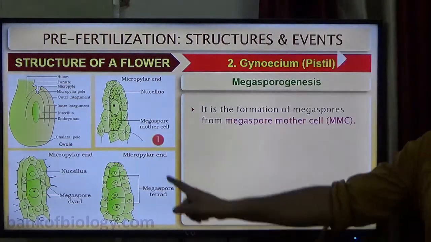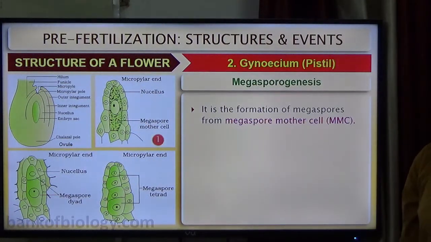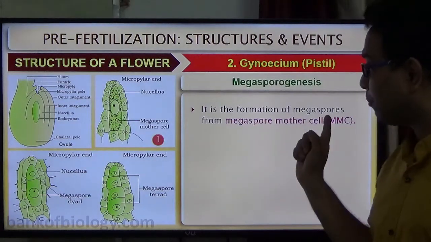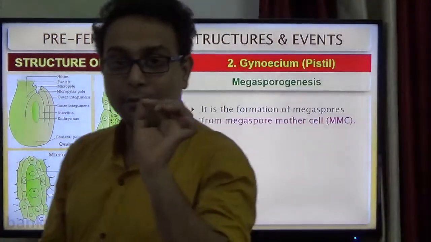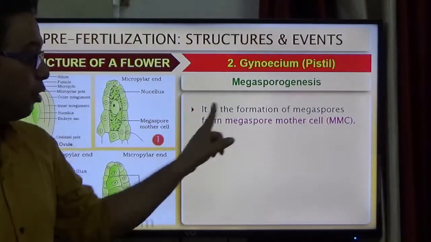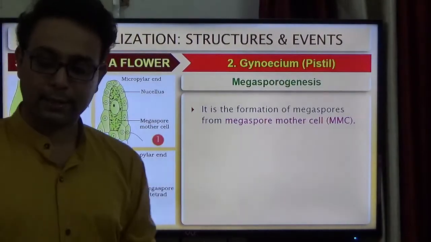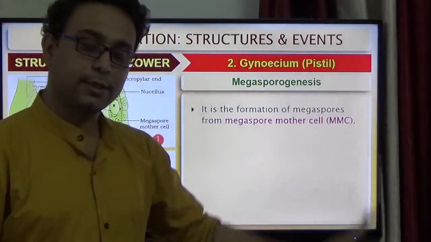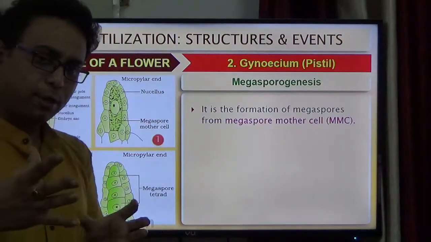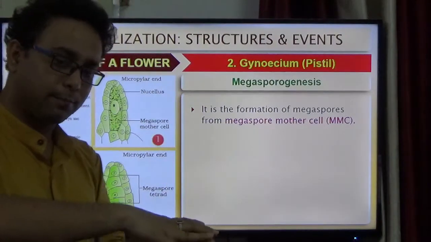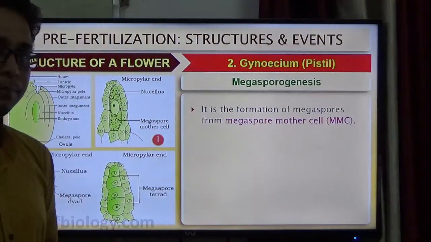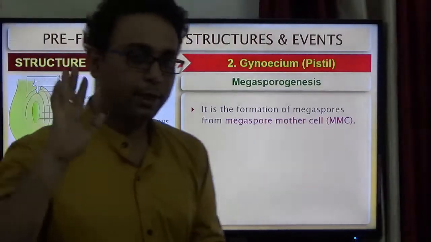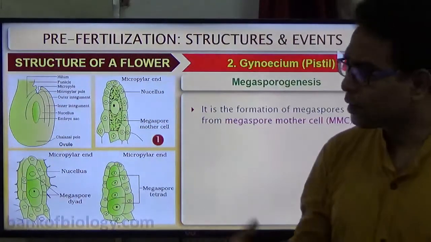Step 1. In step 1, it is the formation of megaspore from the megaspore mother cell. So it is called megasporogenesis. It is an easy process. From the megaspore mother cell, the megaspores are formed. Clear? This is the megasporogenesis process. But how?